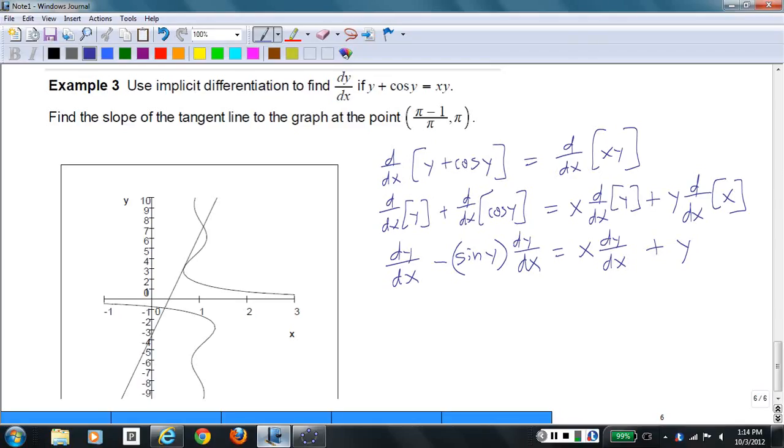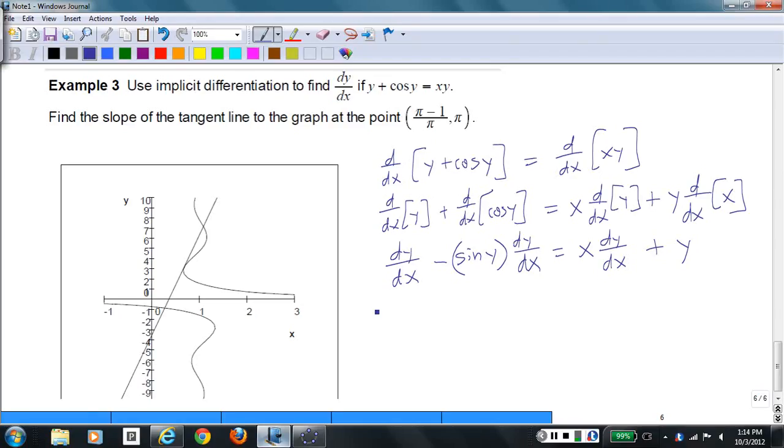We need dy/dx. So although we cannot find y explicitly in terms of x, we can find dy/dx explicitly in terms of, well, a mixture of both x and y. What we want to do is get all the terms, there are 3 of them, that have dy/dx in them together on the left-hand side.